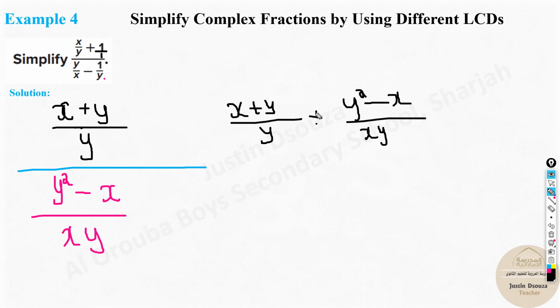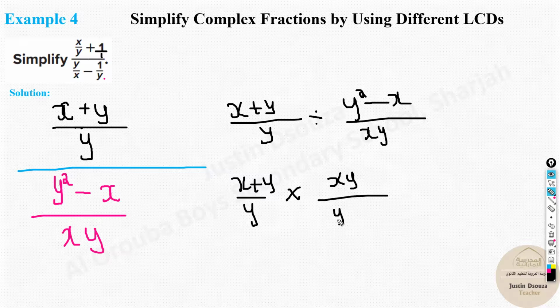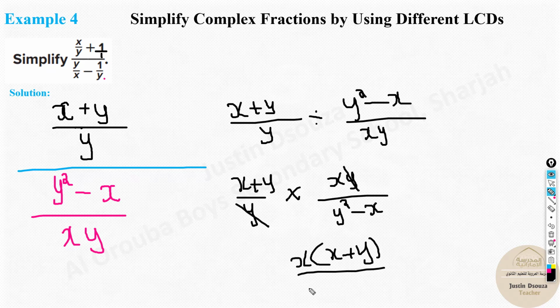Now this will become multiplication: x plus y divided by y multiplied with, flip these two, the denominator comes up. We have done this. If you're wondering how this works, please go to the previous lesson. It is all explained in detail. Now simplify as much as you can. This y and this y cancel, and now write the remaining terms. It will be x into x plus y, and over here we have y squared minus x. So this is the final answer.